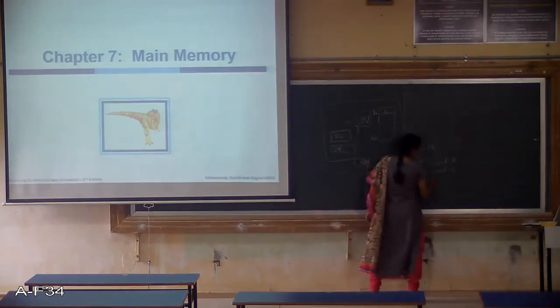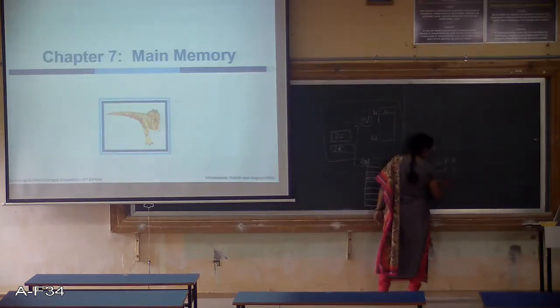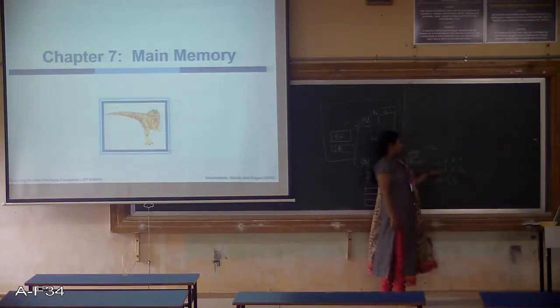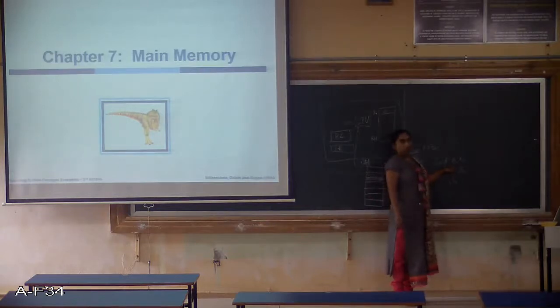Next, it means load the symbolic location of A. Here A will not be there; the address of A will be there. Load A's address value into register 1, and load B's address value into register 2.